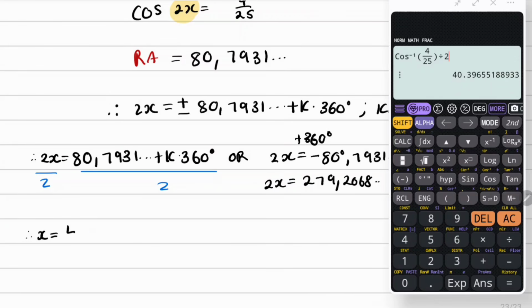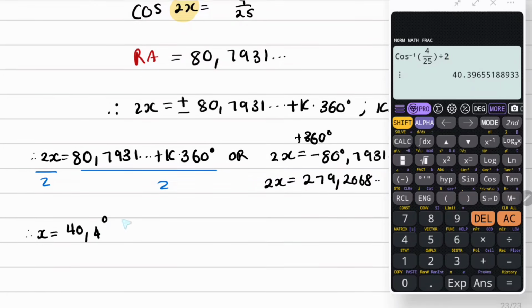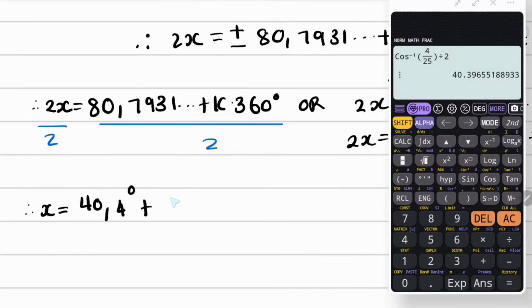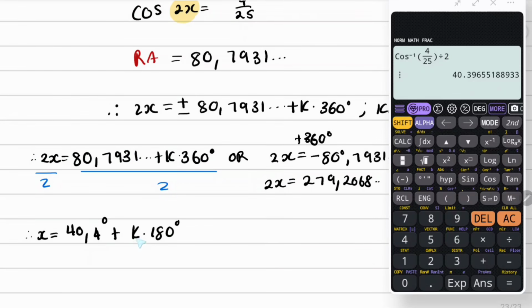So you see that it gives us 40 point, and now I can round off to 2 decimal places because this is the final answer. So 40 point, if we round the 6 up, it adds a 1 to the 9, the 9 becomes a 10 and adds a 1 to the 3, so you have 40.4 degrees. Then we'll have plus k of 360 degrees divided by 2, which gives k of 180 degrees. Okay, so that's our first solution.